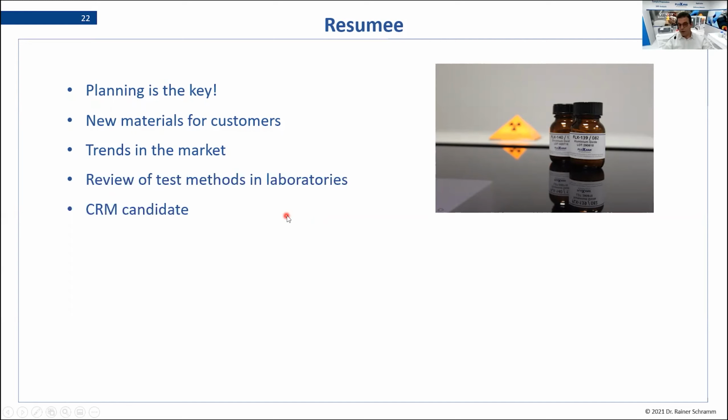So that is another advantage when you contribute in one of our studies. Keep the material, perhaps half a year or 1 year later, then a CRM certificate could be issued.